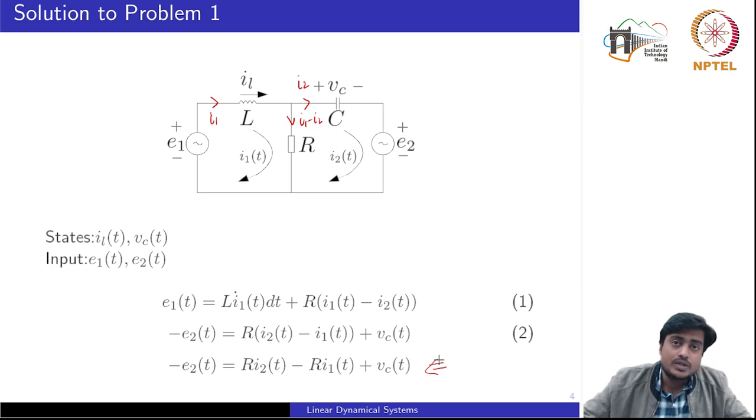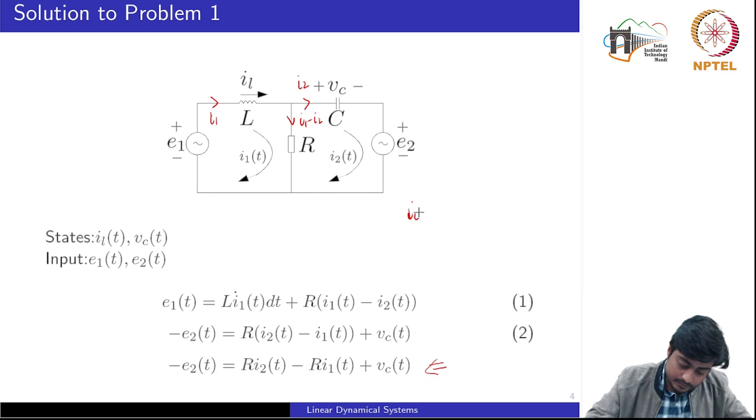Since we have chosen two different states, IL and VC, we want to represent these two basic equations in the form of the derivative of IL and the derivative of VC, so that we can form our state vector derivative, x dot.